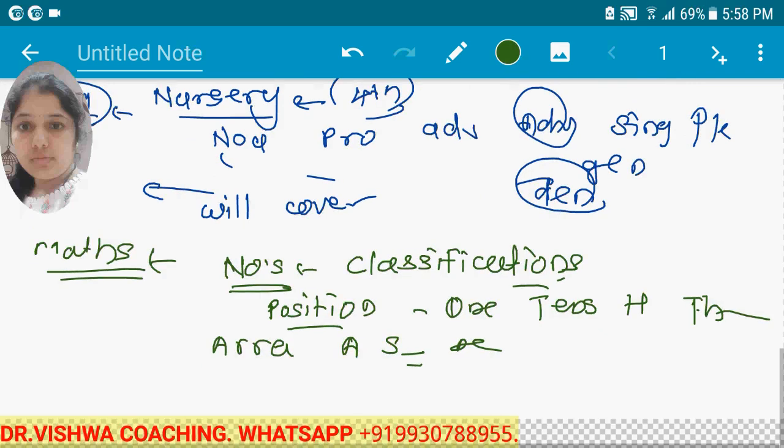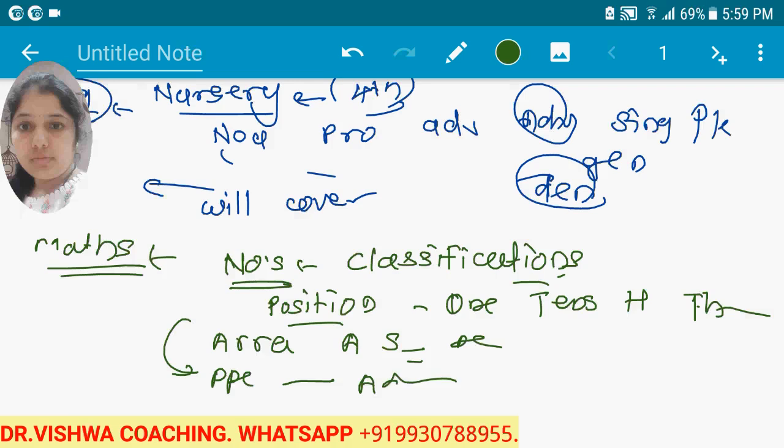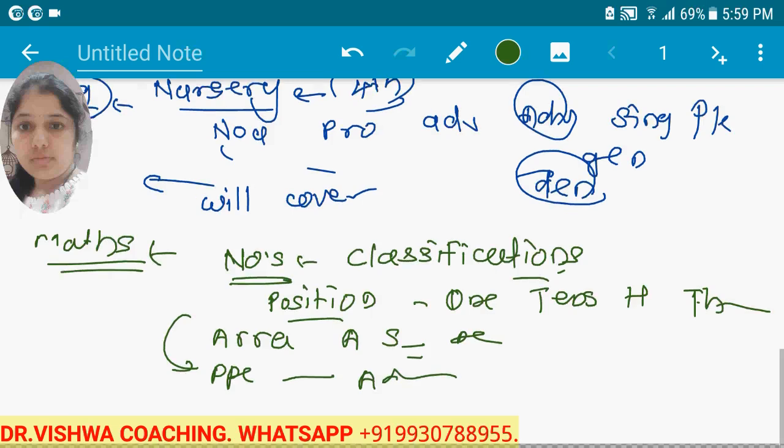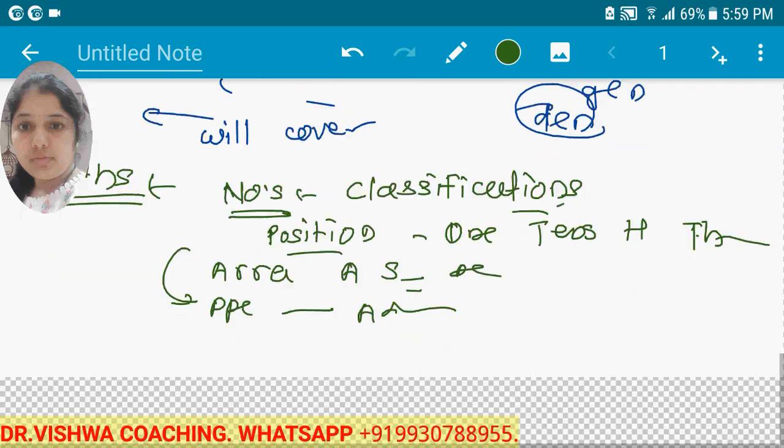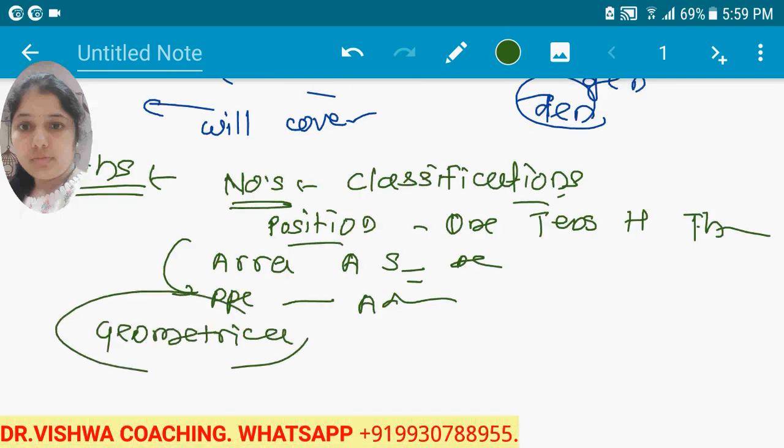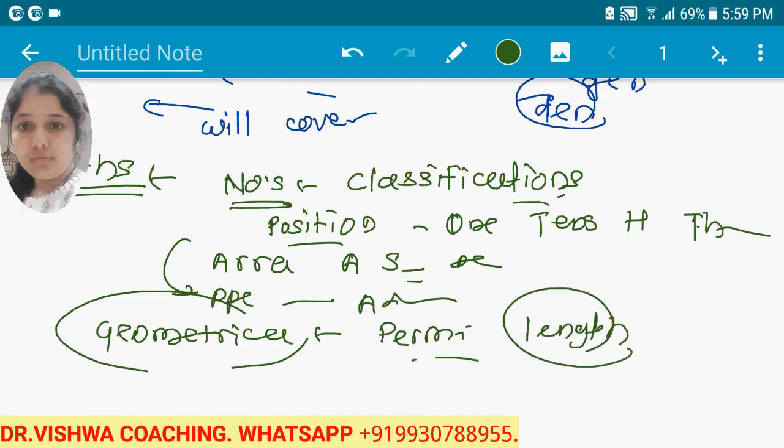Okay, now they know about the geometrical figures, different geometrical figures, and the kids can calculate the perimeter or the length of those figures, or the sides or the angles. So these are the topics more or less which are included in the scholarship exam.